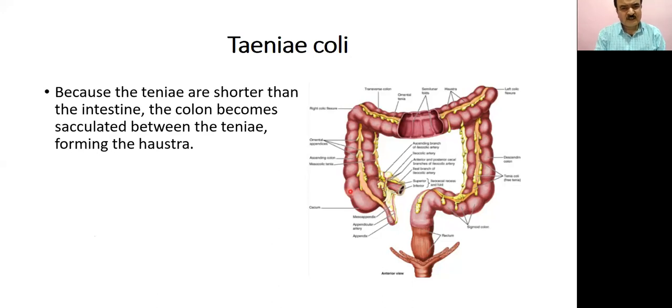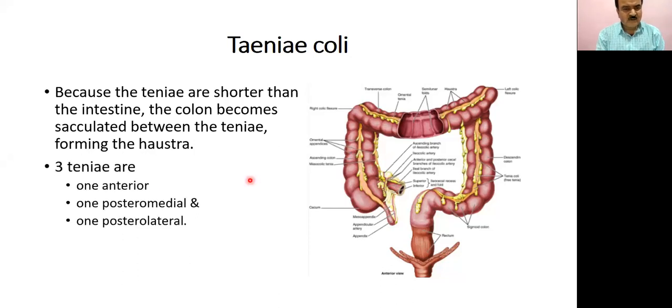The taenia are shorter than the large intestine. That is why they pucker the large intestine, so that there occurs what we call haustration formation, or sacculations.